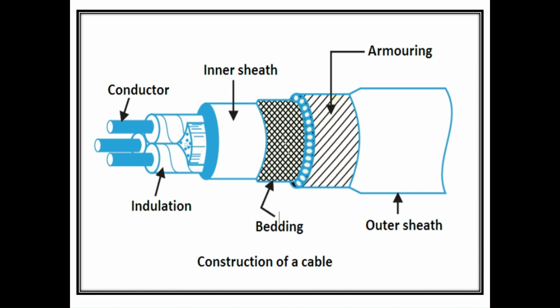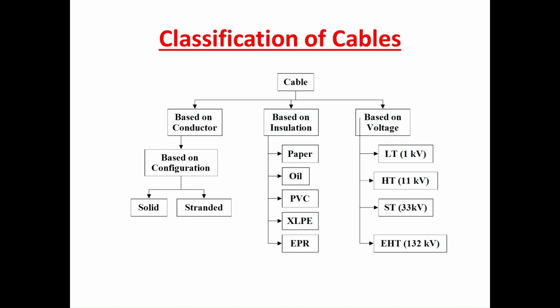Here in the pictorial representation, you can see the conductor, then the insulation, the inner sheath, the bedding, the armoring, and the outer sheath. Based on the rating, based on the purpose, based on the use, applications, these cables can be of different types. And next we'll see the classification.